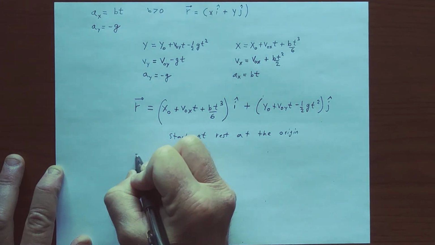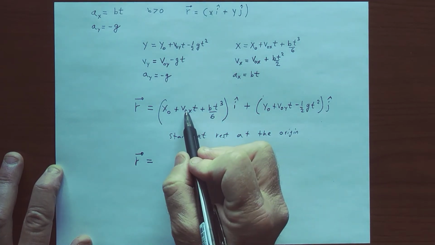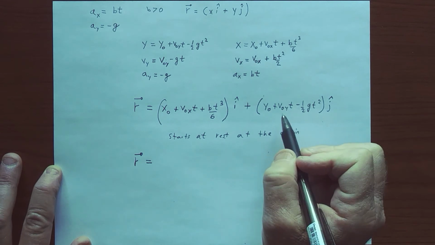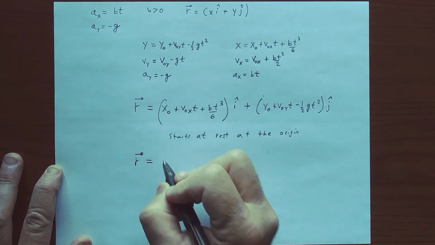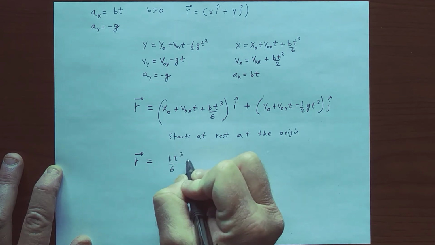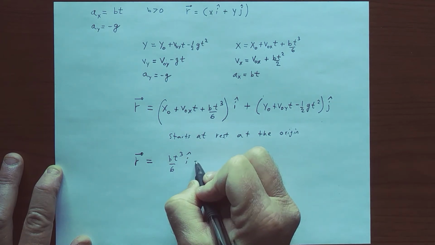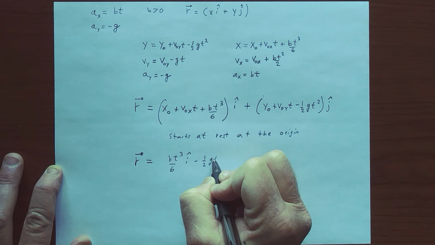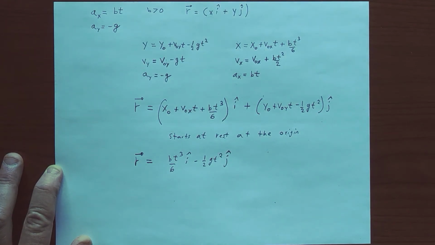What does that mean for the position vector of the object? Starting at rest means that this is 0 and this is 0. Starting at the origin means that this is 0 and this is 0. So this becomes b t cubed over 6 i hat minus 1/2 g t squared j hat. So that is the position vector as a function of time.